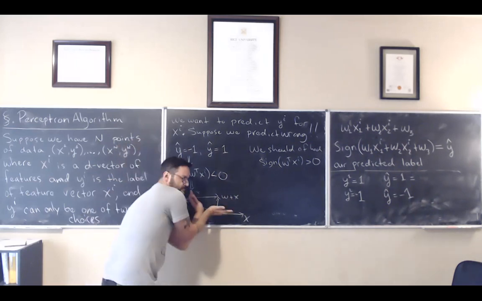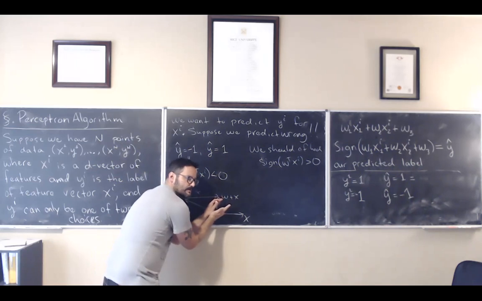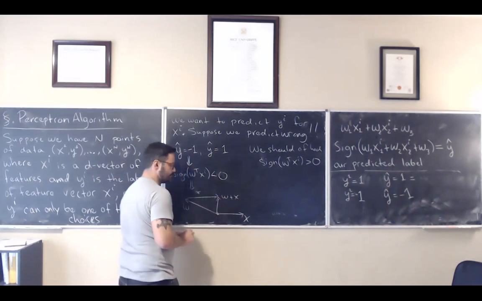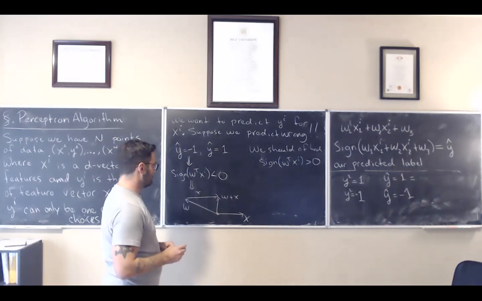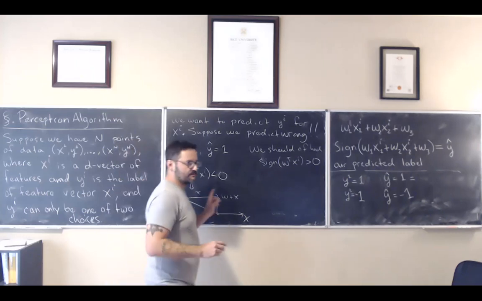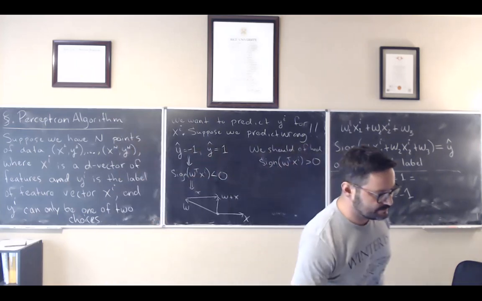Look at how the angle went from like that to like that. You see that? Is that always going to push it in the right direction? Well, let's see what happens numerically.